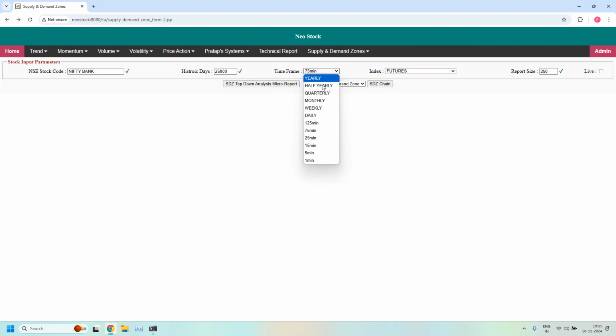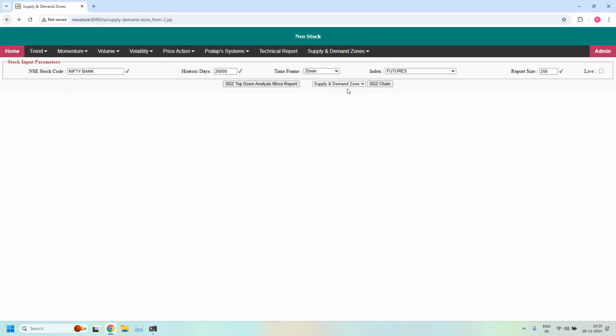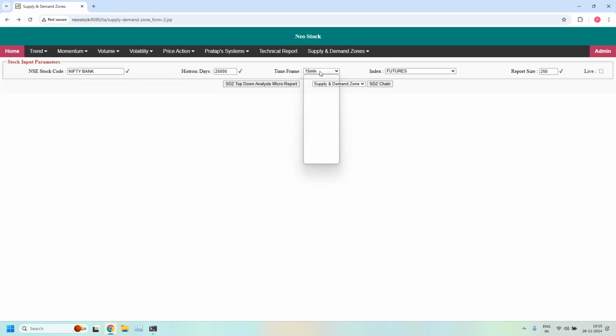Next 25 minute supply demand zone chain for Bank Nifty. Next 15 minute supply demand zone chain for Bank Nifty. And the last time frame 5 minutes supply demand zone chain for Bank Nifty.